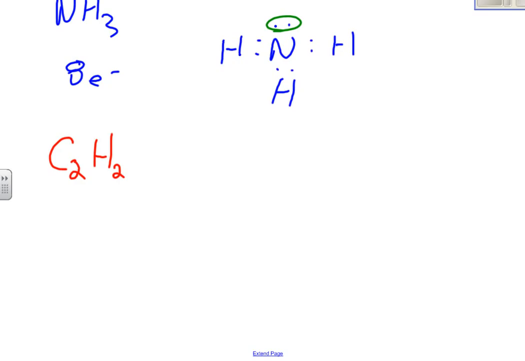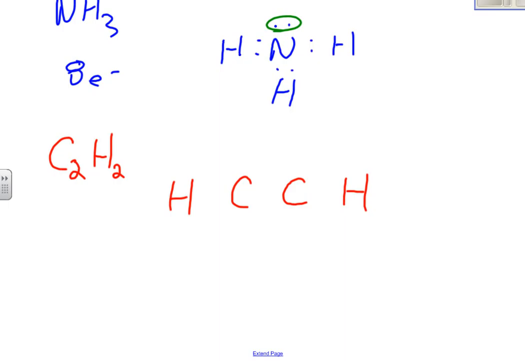So this is going to be another issue. Basically, here carbon atoms are going to be the central atoms. You're going to put a carbon and a carbon, and then usually you try to balance out the hydrogens. So you'd put an H on this carbon and an H on that carbon.